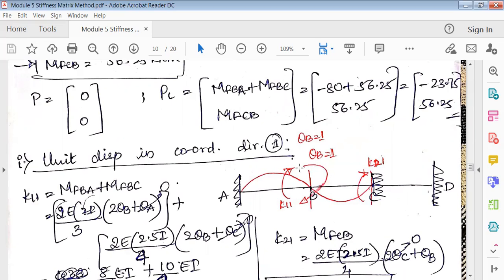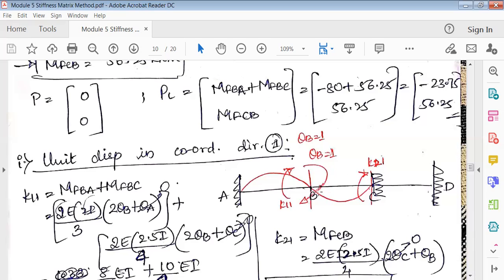Whenever this beam bends, it pushes BC downward and pushes AB in the upward direction. So mark this deflected shape of the beam. Then mark the rotation. Only in coordinate directions 1 and 2 you have to mark K1 and K2.